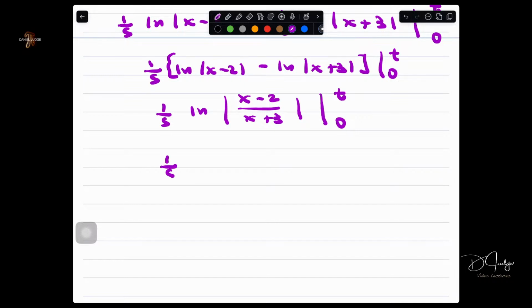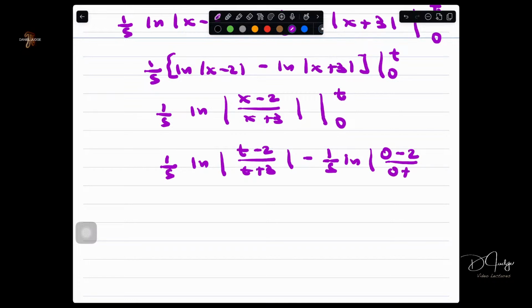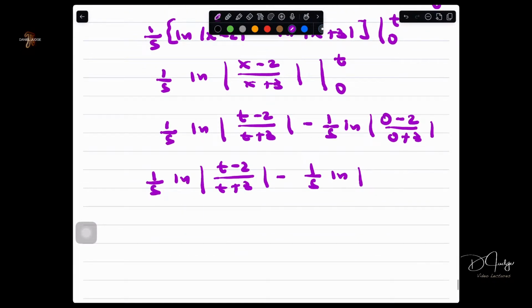So applying the limits now, natural log t minus 2 over t plus 3 minus 1/5 natural log 0 minus 2 over 0 plus 3. So we end up with 1/5 natural log absolute value t minus 2 over t plus 3 minus 1/5 natural log absolute value of negative 2/3, which is going to give you positive 2/3.